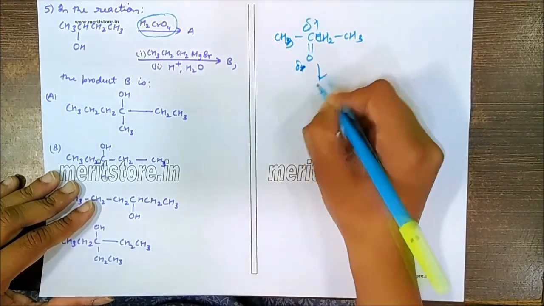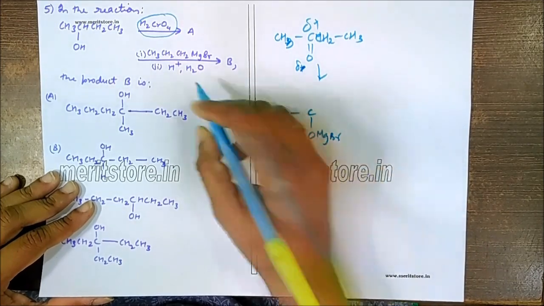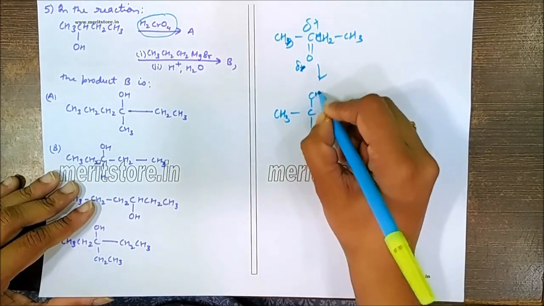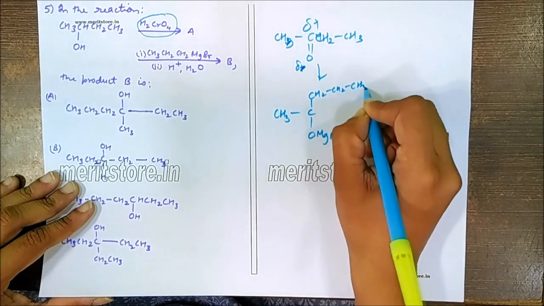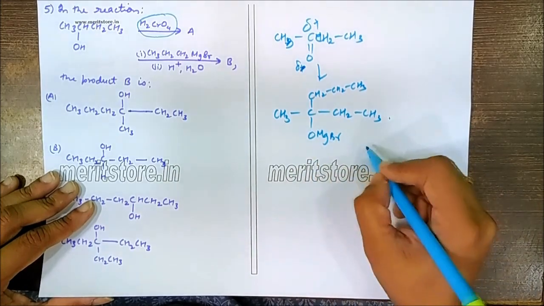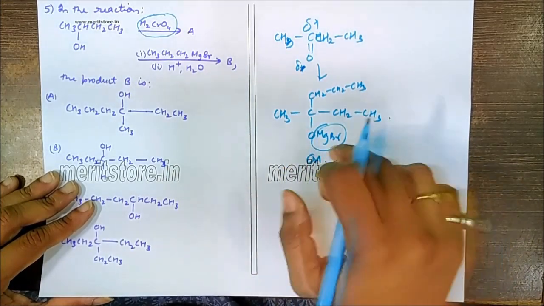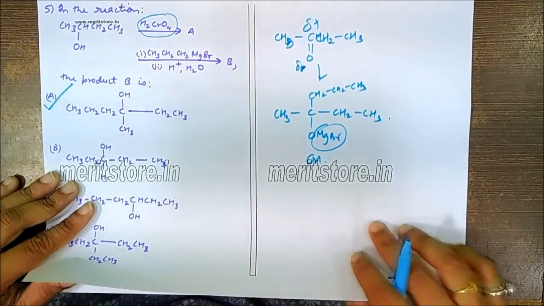So this will get MgBr. So we'll get CH3COMgBr, and this will get the propyl group CH2, CH2, CH3. This CH2, CH3 as it is, followed by the hydrolysis will create OH here. So the alcohol will be formed. Hence our option is option A.